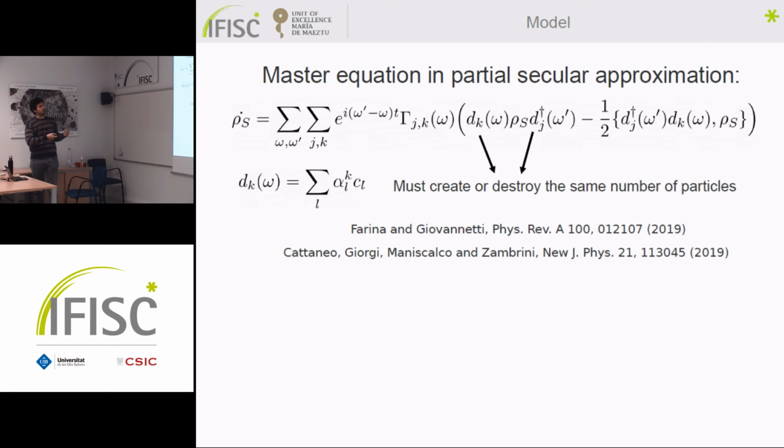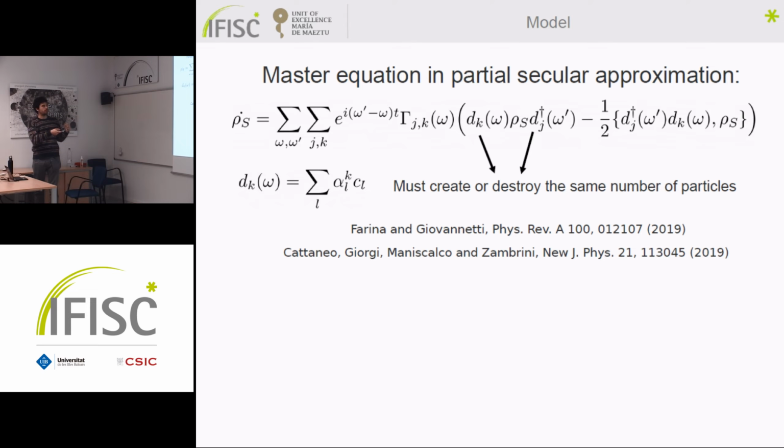But you see that if these operators create a particle with omega or with omega prime, this jump operator and this jump operator must create or destroy the same number of particles. Why?